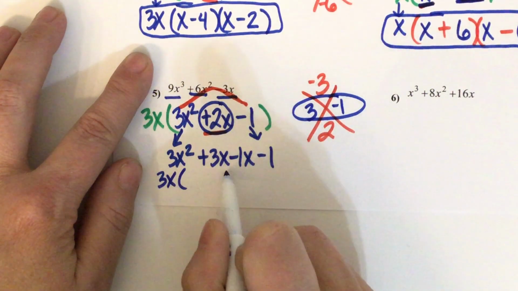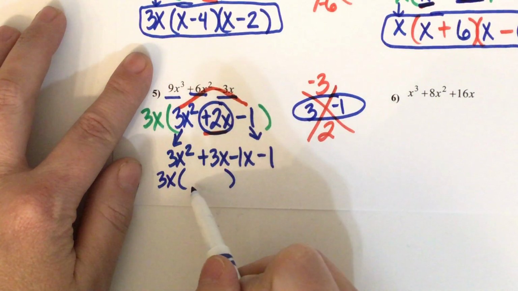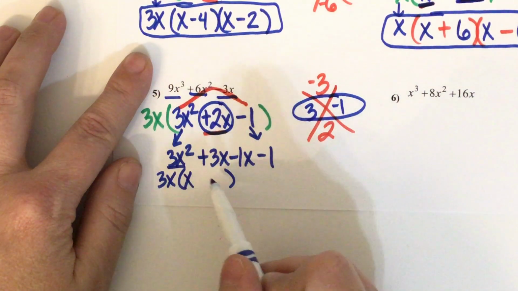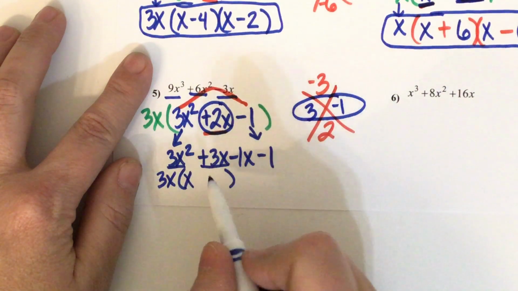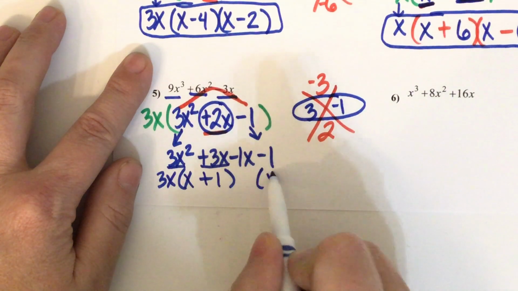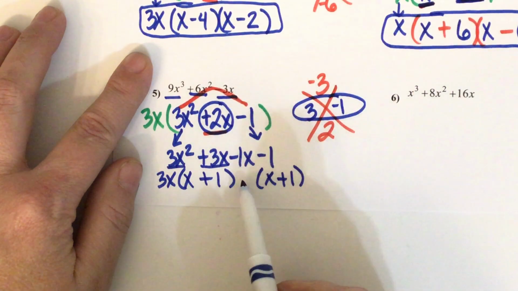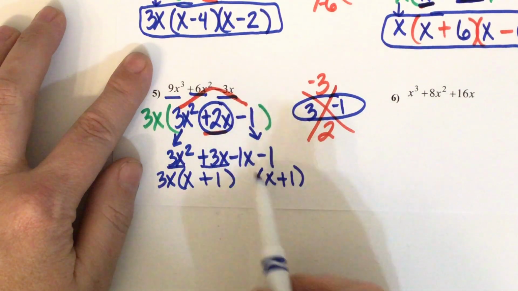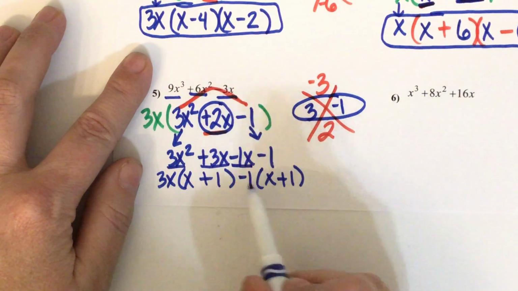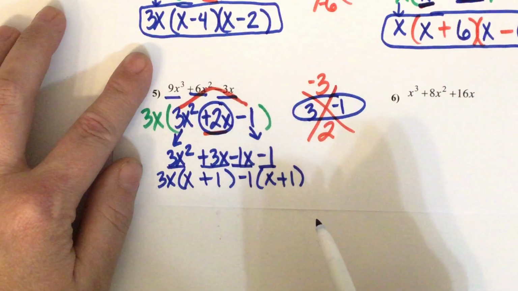Okay, build your parentheses, get it back. 3x times what is 3x squared? X. 3x times what is 3x? 1. Remember, whatever you write here, copy it over. Back it up. What times x makes a negative 1x? A negative 1. And negative 1 times 1 makes negative 1.